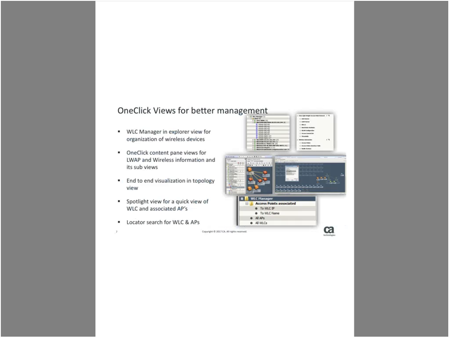Coming to the one-click views, it gives you an Explorer view on the left-hand side where you have all the controllers listed. Under each controller, you will have all the access points associated with it. Then you have one-click view panes where you can see information about the controller, information about your access point, the number of access points connected, and the number of clients and mobile stations connected.